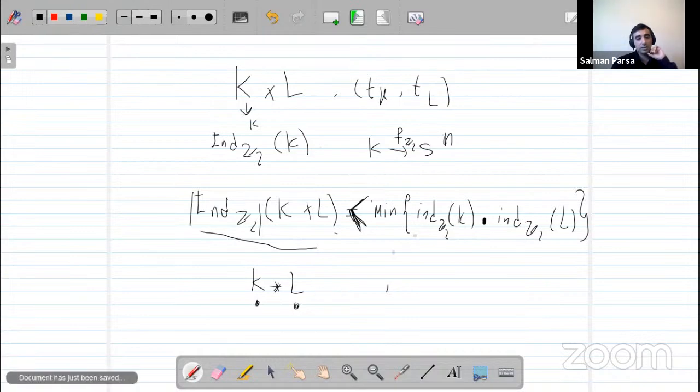But the hard cases are the spaces where even the homological obstructions are all zero, but this index is not zero. This happens when the original space is high dimensional compared to, let's say, the Smith index.